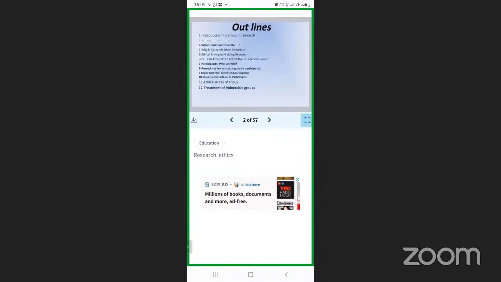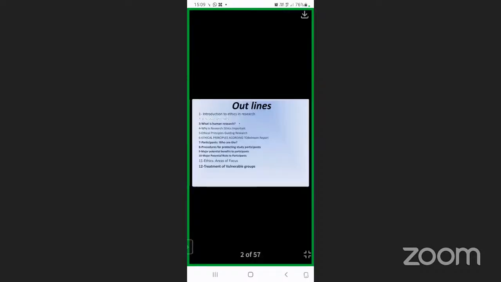If you see the various outlines, now you will be more clear when we go through the index, the points that we are going to cover.